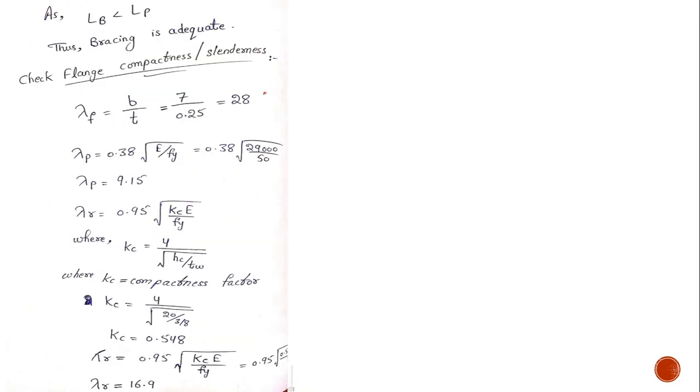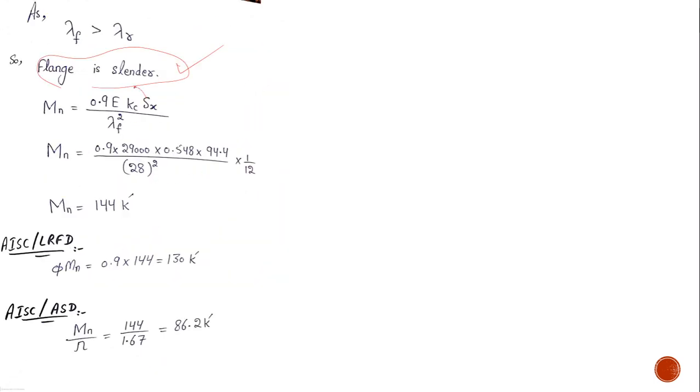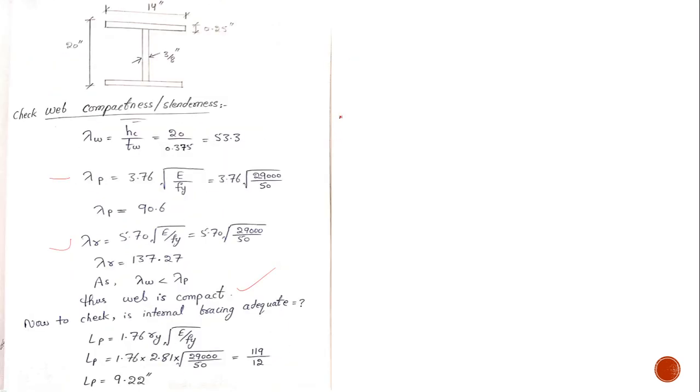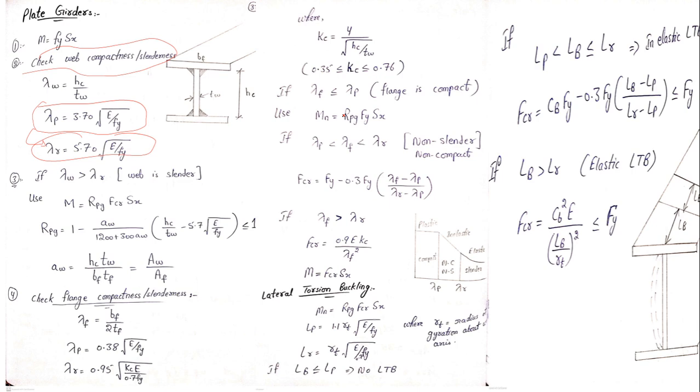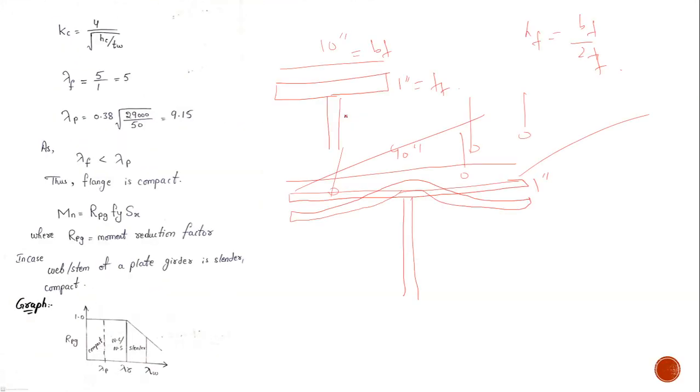So we used this formula, which is used when your flange is a problem, meaning your flange is slender and the web is okay. And what if the flange is compact but the web is a problem, or the web is slender?